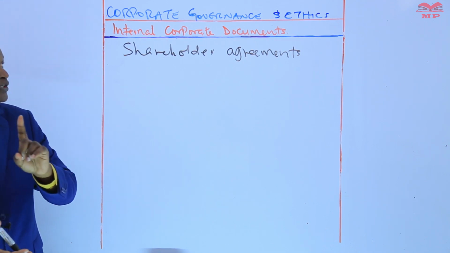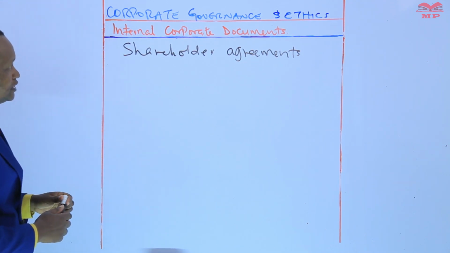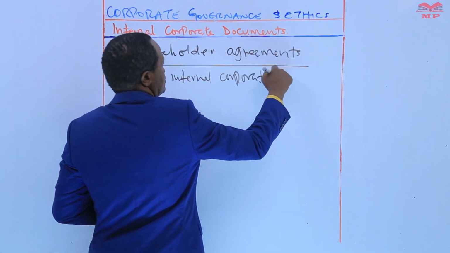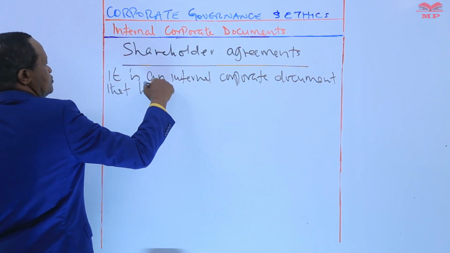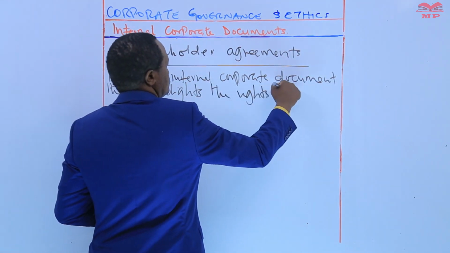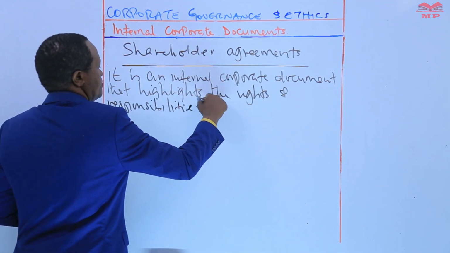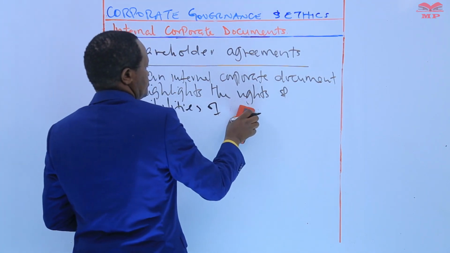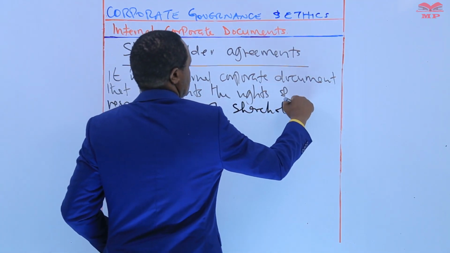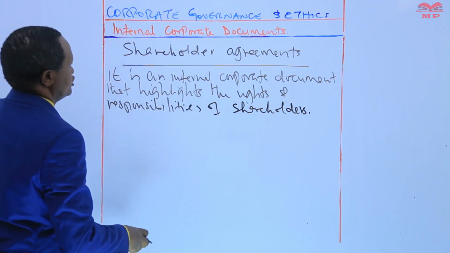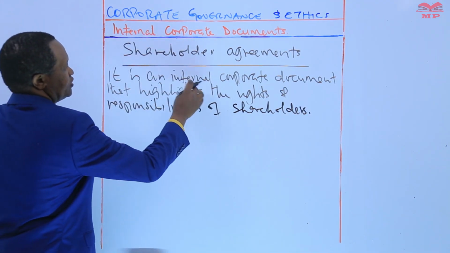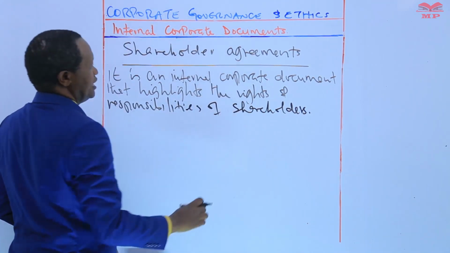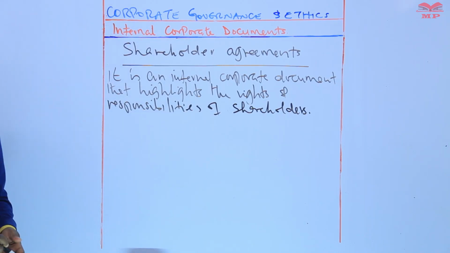So a shareholder agreement is an internal corporate document that highlights the responsibilities and the rights of the shareholders of a company.